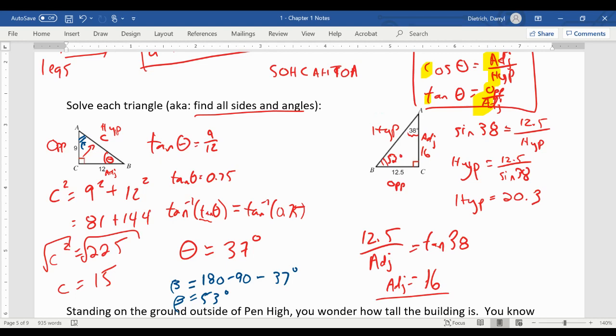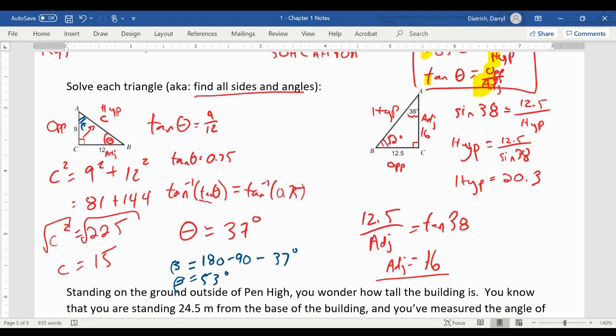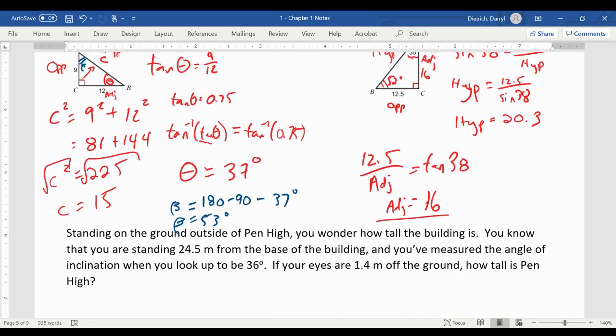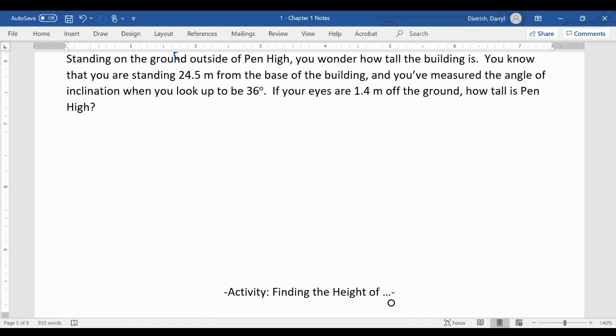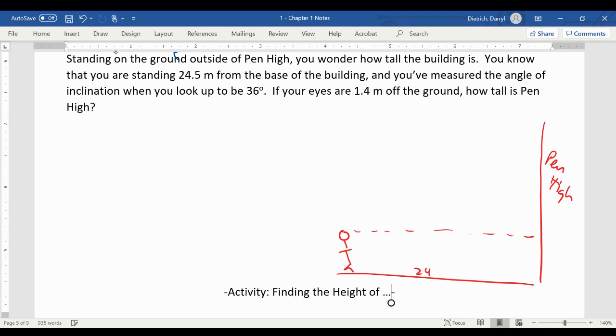Okay. Now, if we put trigonometry into an application, let's say we want to find the height of a building. If we draw a big building here, this would be the height of our pen high. This is a pretty common way that surveyors will find out the height of things. First of all, we know that we are 24.5 meters away from the building.